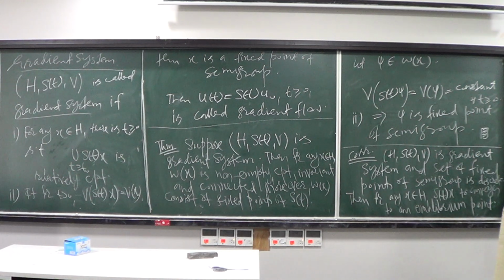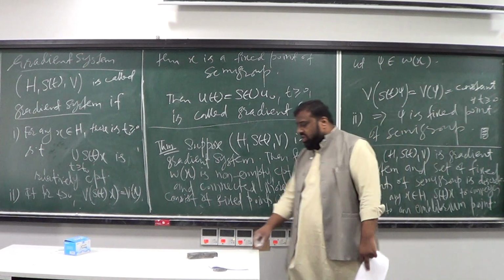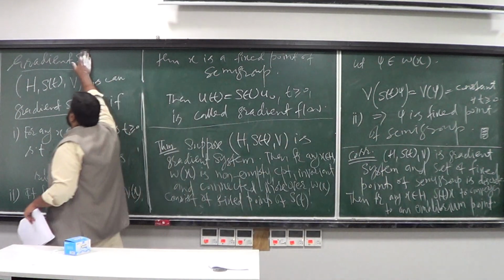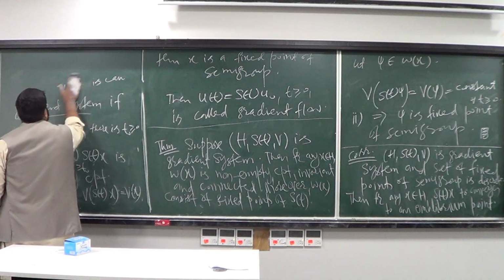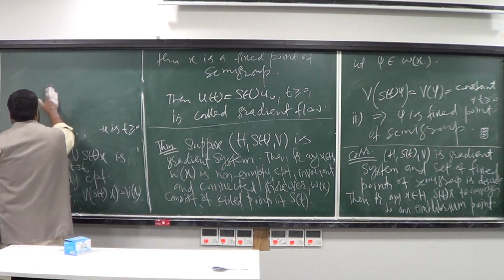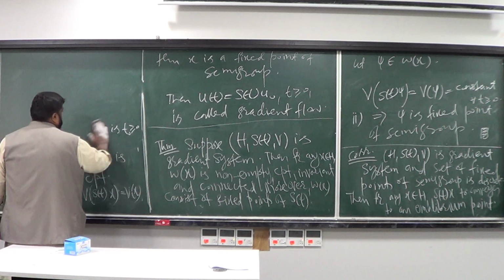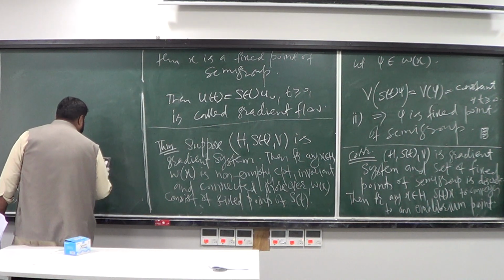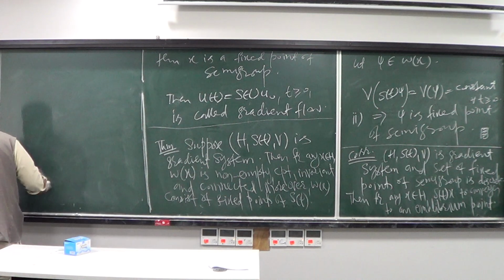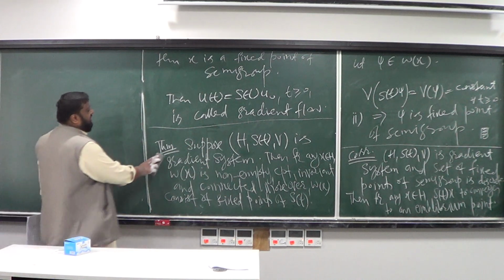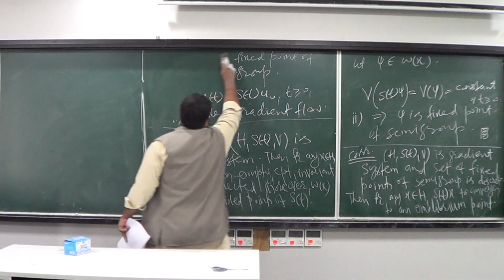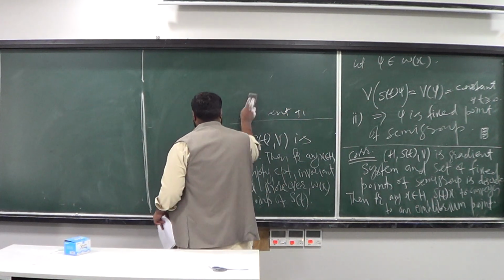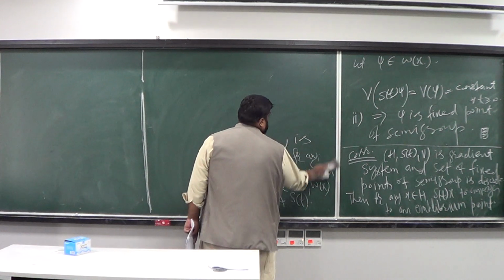Now let's do one example. The equation that I proposed in the beginning, I'm going to show that it's a gradient flow, or that its solution is a gradient flow. It constitutes a gradient system. Then you have to try this for your equations.